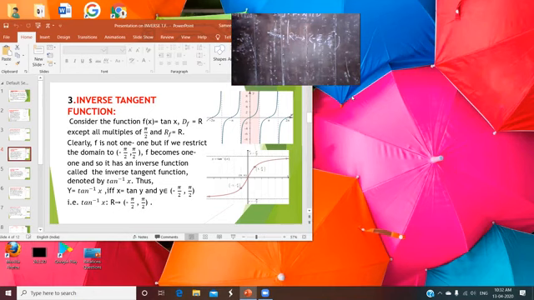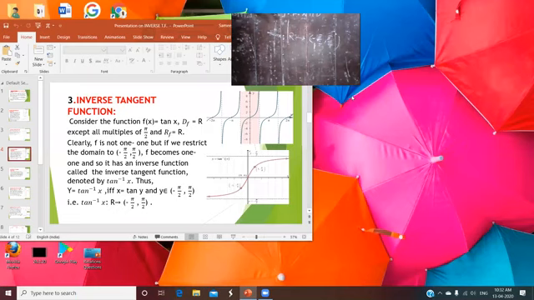If you want to plot its graph, the figure shows the graph of tan inverse x. Here the upper line parallel to the x-axis is shown by pi by 2, and the lower one by minus pi by 2. At 0, the value of tan inverse is also 0, and toward pi by 2 it becomes infinite.